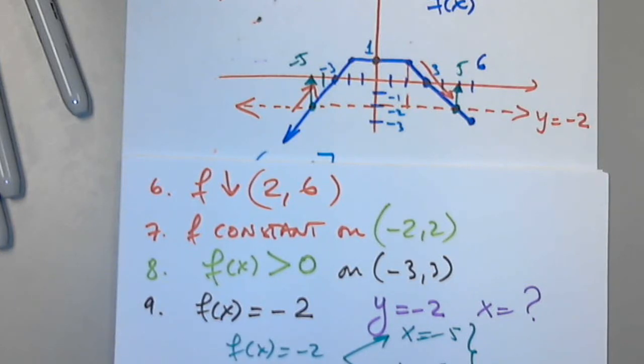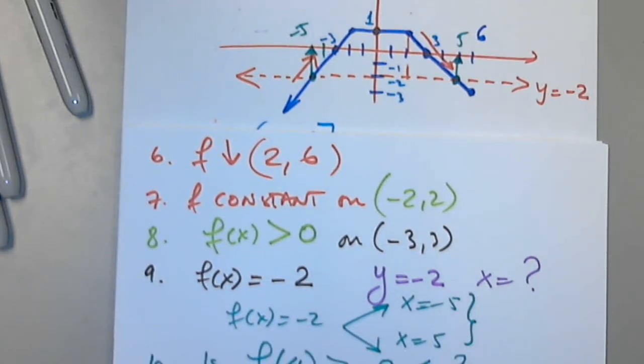Next question, number 10. Is f of 4 positive or negative? I don't know. Have to look and find f of 4. How do I find f of 4? What is given in this? X is given, right? X is 4. Good.